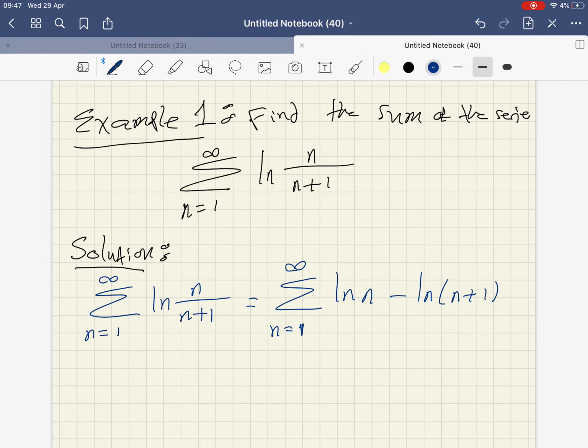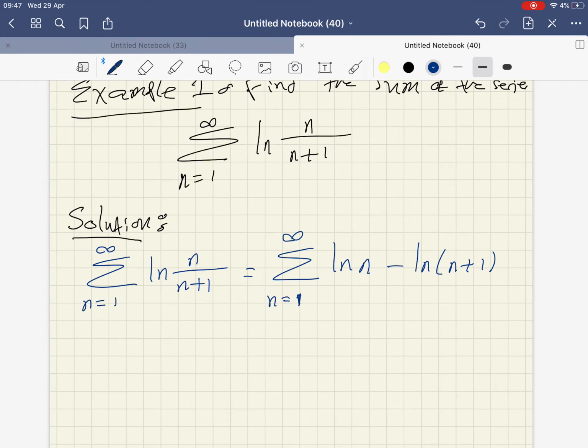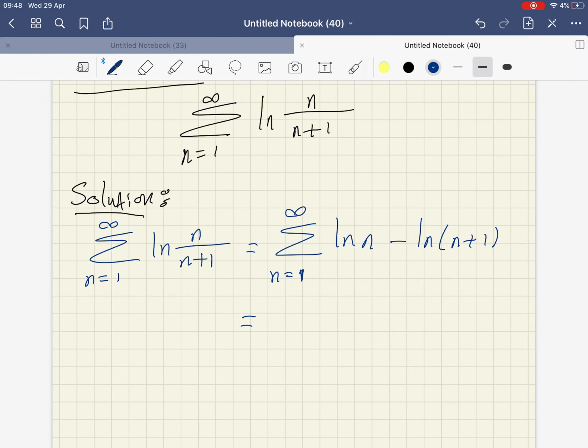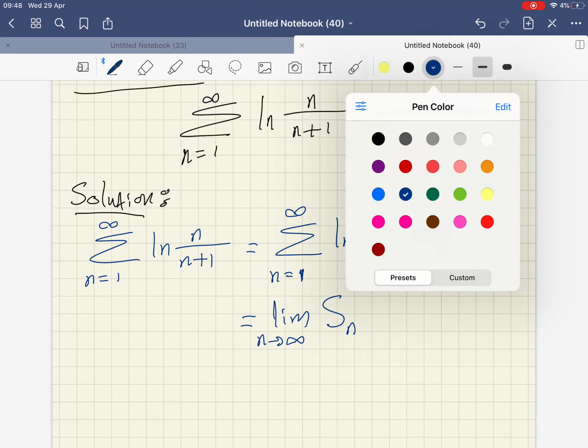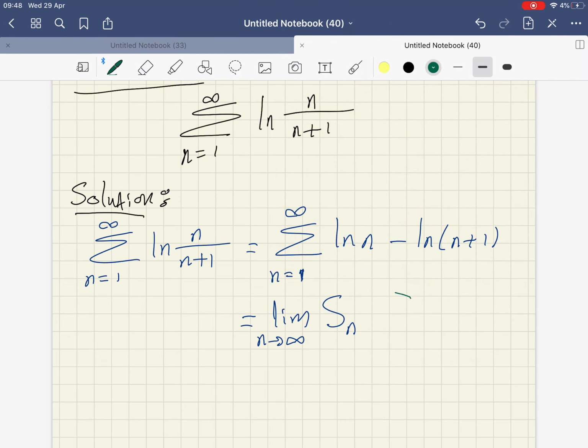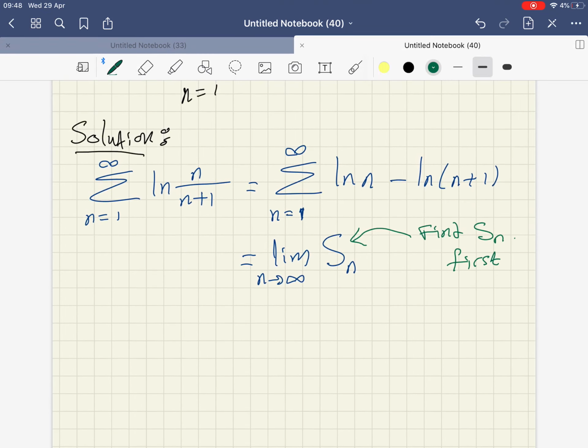The next step, if we would like to find the answer, is to use the limit. That's the only other idea that we have. So we need to find Sn first, because if you find Sn, then you will just find the limit, and then you will find the series.